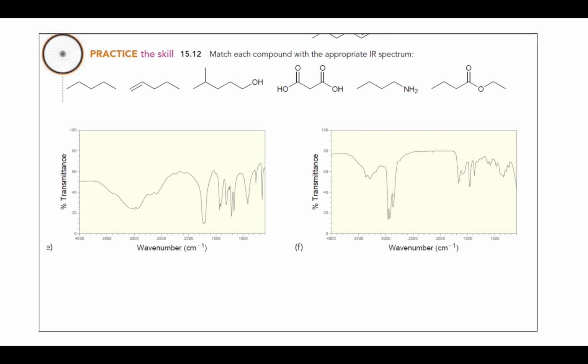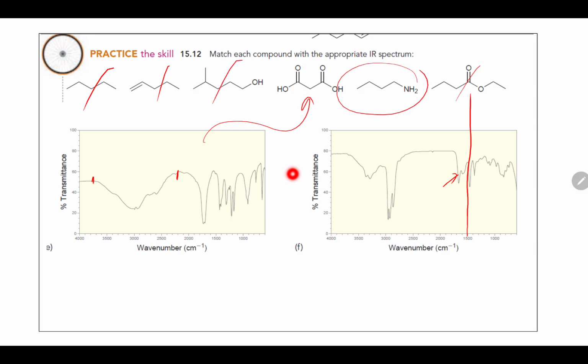Again here, this is a very broad peak which is telling us that this is a carboxylic acid, and here this is 1500. So we have a few peaks here. This could be a double bond, but again, all of these have been identified. So actually the only one which is left is NH2, and let's see if this is consistent with the primary amine.